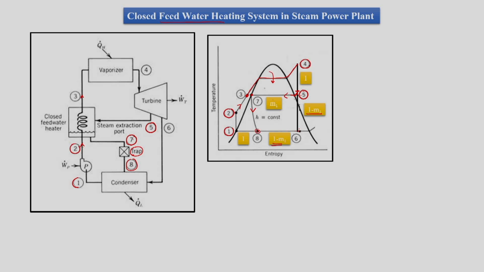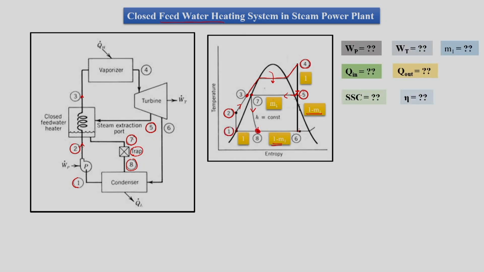But the mass at enthalpy 8 will be joining the condenser, and then for the rest of the condensation we have the complete mass. This is how we can draw the closed feed water heater TS diagram. Then here also we have the same problem. Here we have to find out WP.